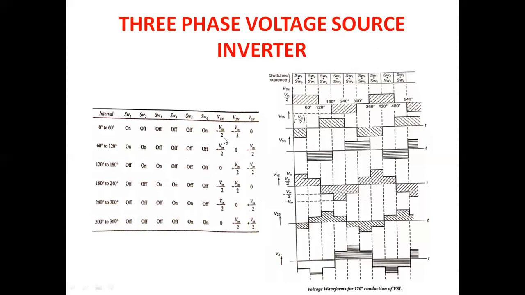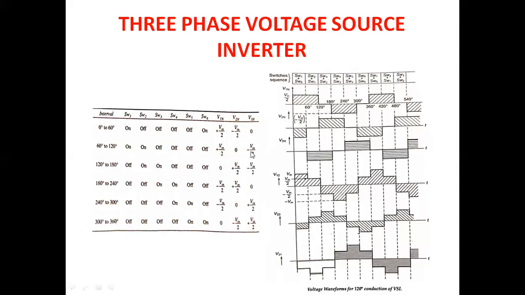That means V1n is plus Vin by 2, V2n is 0, V3n is minus Vin by 2. So what is the value of V12? That is this one minus this one, V1n minus V2n, that is Vin by 2. What is V23?